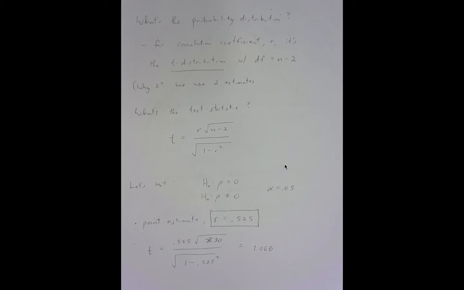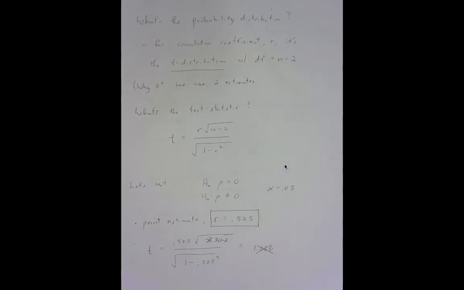So gang, that should have been 30 minus 2, instead of 3 minus 2, or 5 minus 2. So I need to recalculate the value here. I'm going to grab my calculator.